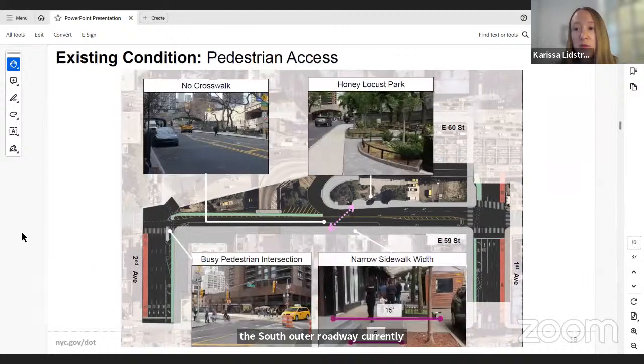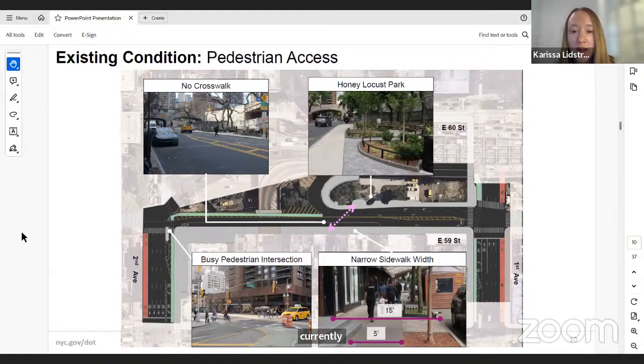Going into a little bit more detail of the pedestrian environment on 59th Street, we do have a continuous sidewalk along the south side of 59th Street between First Avenue and Second Avenue. But on the north side, we only have a sidewalk between First Avenue and the south outer roadway. This creates a condition where pedestrians are forced to cross mid-block if they are visiting Honey Locust Park. You can see on the top left, people are crossing there, even with the south outer roadway traffic that's currently in use.